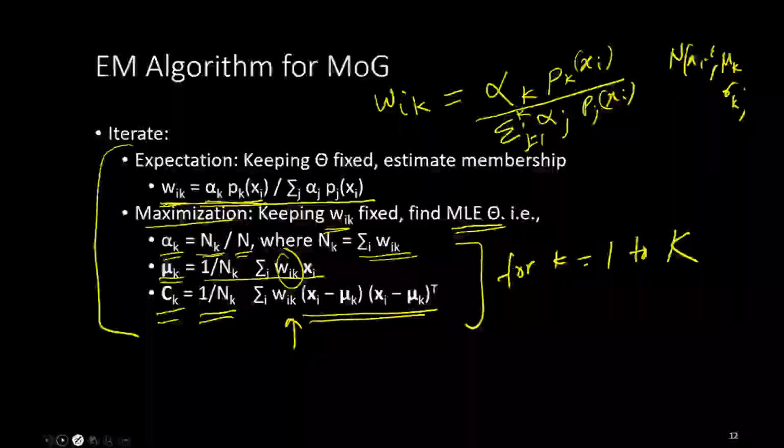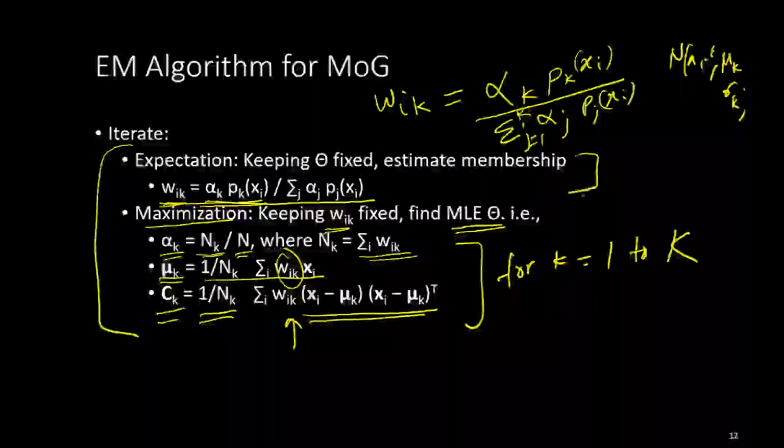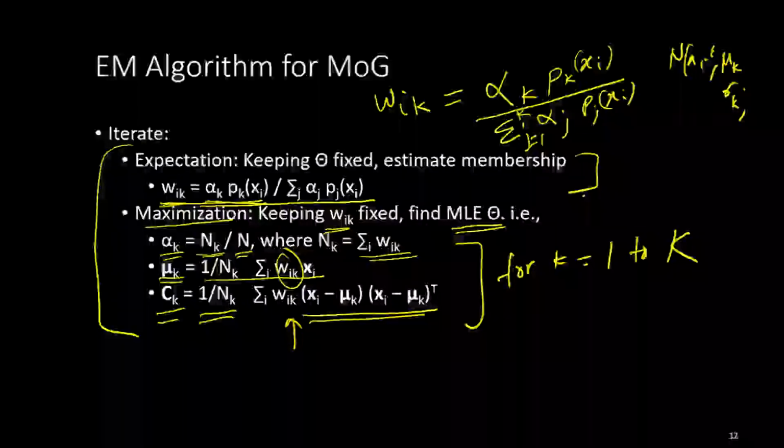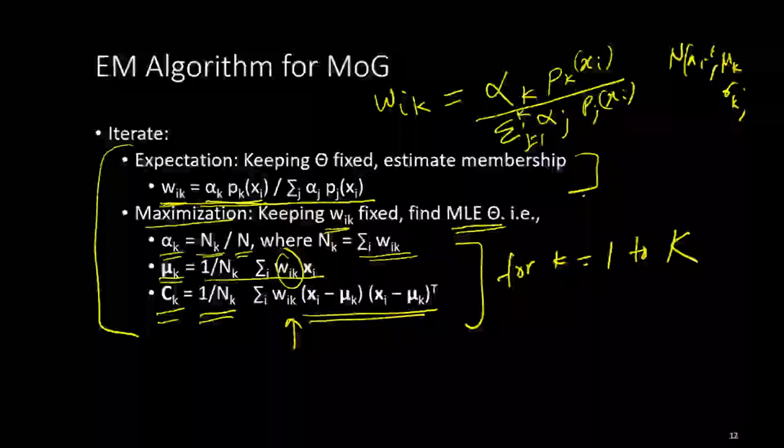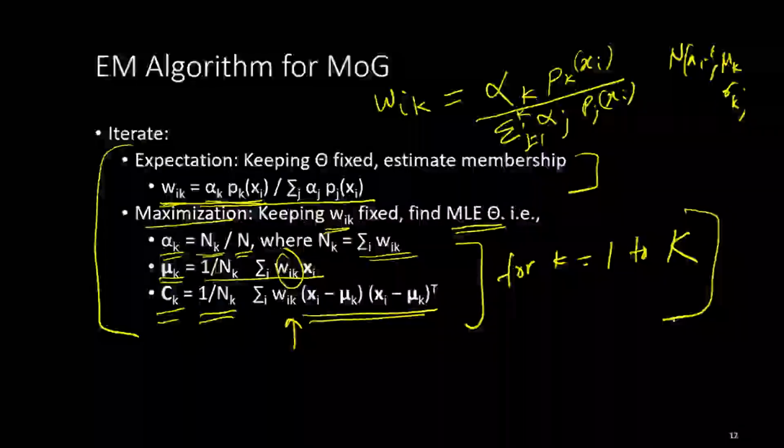But then when we look at the estimation, the learning algorithm for k-means and the EM algorithm, there are parallels here. For example, in k-means we would have measured the cluster membership, and then we would have simply updated the centroids of the clusters.